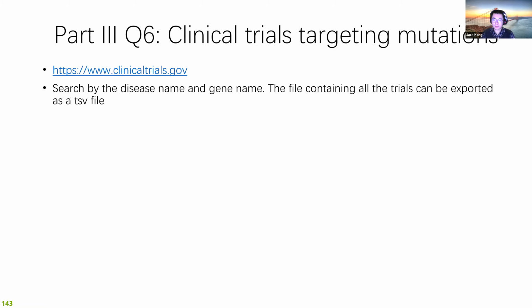There are two ways. You can export a file as a TSV document, read it in R, and count using code. Or if there are just, say, 10 trials, maybe you just manually count on the website those that are still recruiting people, I think that's what the question asked. So it's going to be very easy.